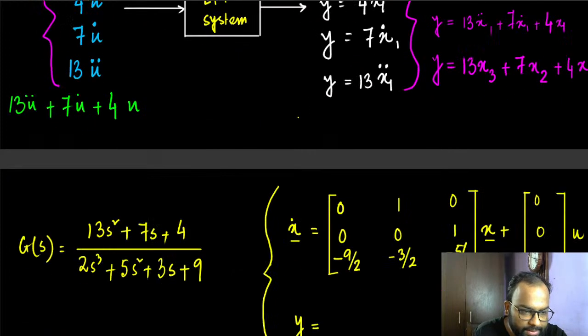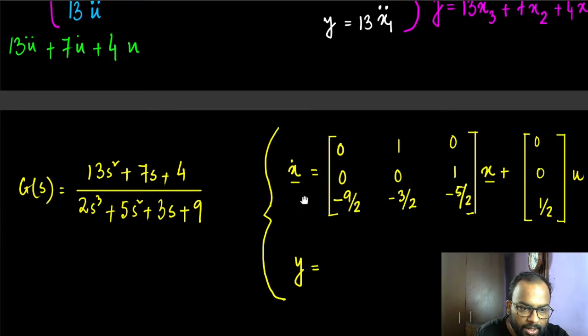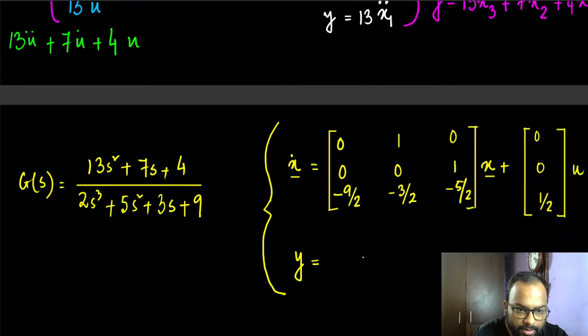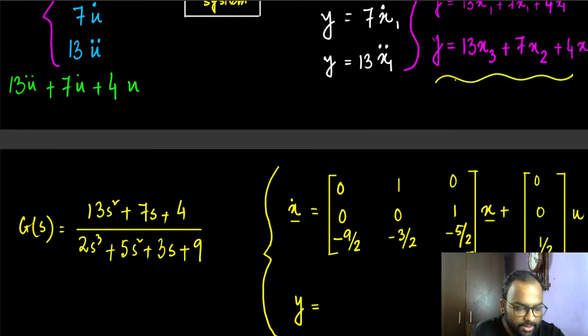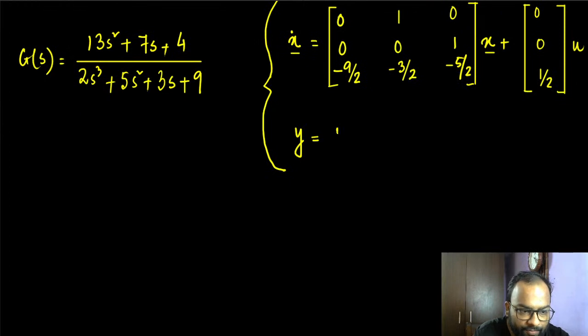So if I have this, then obviously you see that the output equation changes. The output equation now becomes, whatever that is, right? So the output equation becomes 4x1 plus 7x2 plus 13x3.